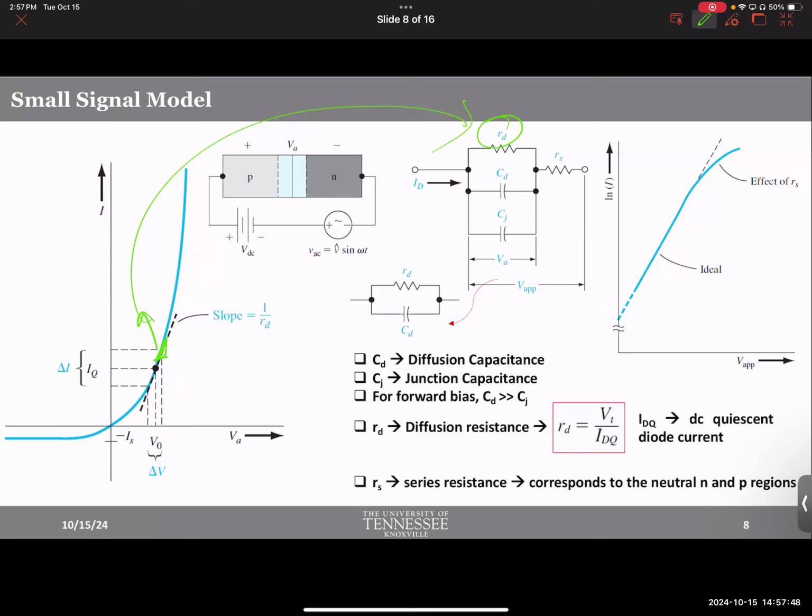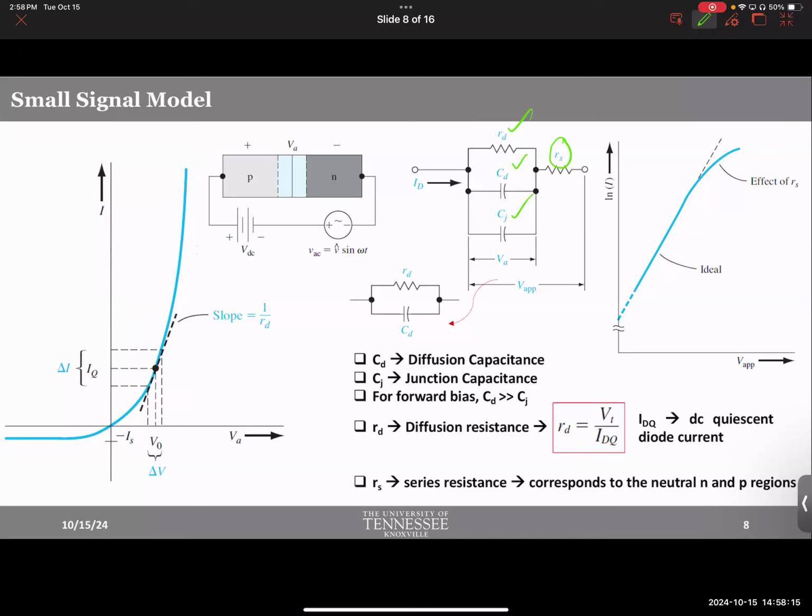Okay, so if you change your DC level, that will also change because there is an exponential dependence here. Devices that show this type of dramatic changes in IV property have to be treated in a small signal fashion more often. Okay, so we know how RD is calculated, how CD is done, how CJ is done. We can now calculate one more resistance, which is basically a non-ideality.